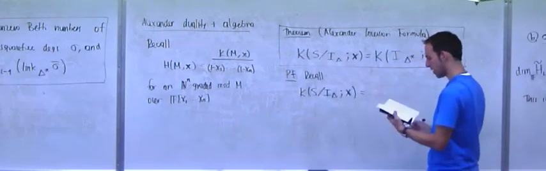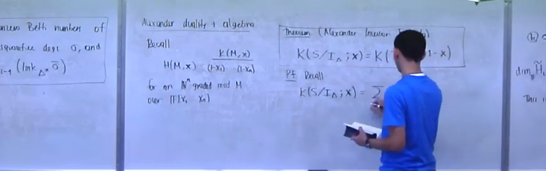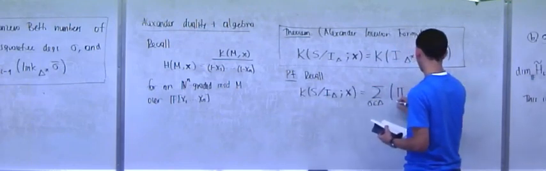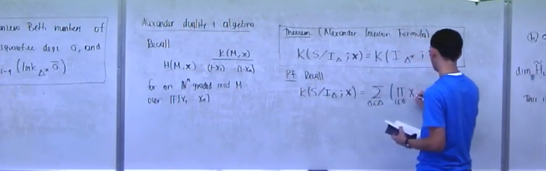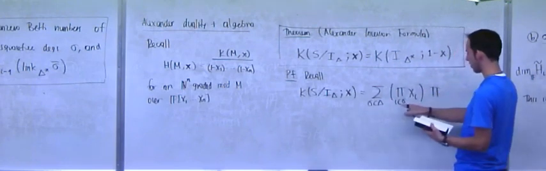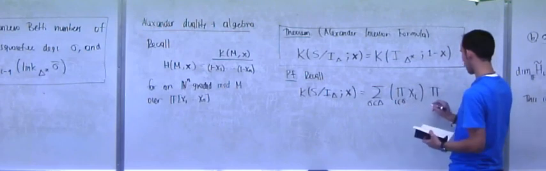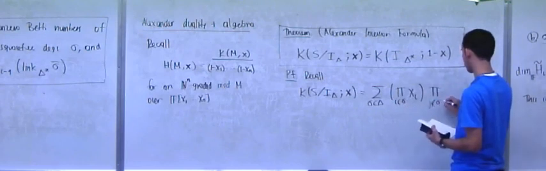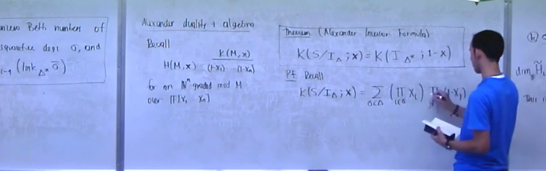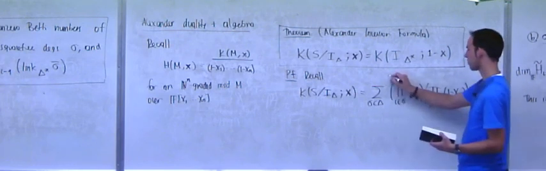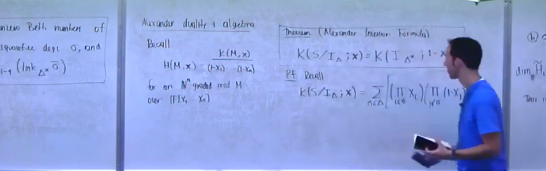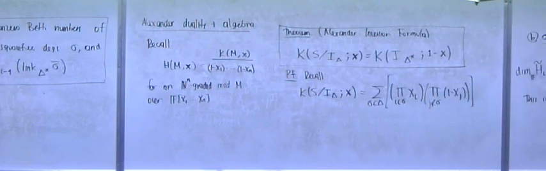We found a formula, and the formula said this. You sum over the faces of your simplicial complex, the product over the things in the face, xi, and the things not in the face, 1 minus xt. So we proved this formula. So that's the left-hand side.